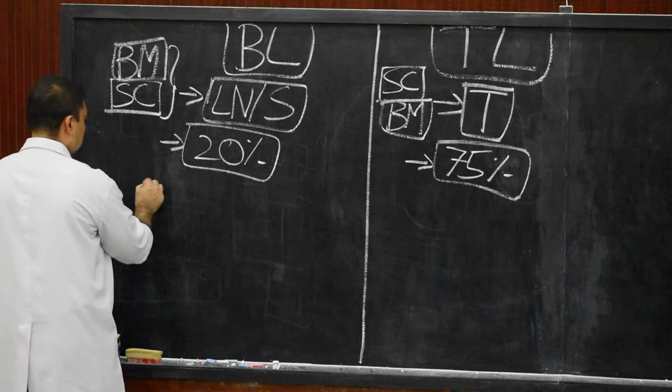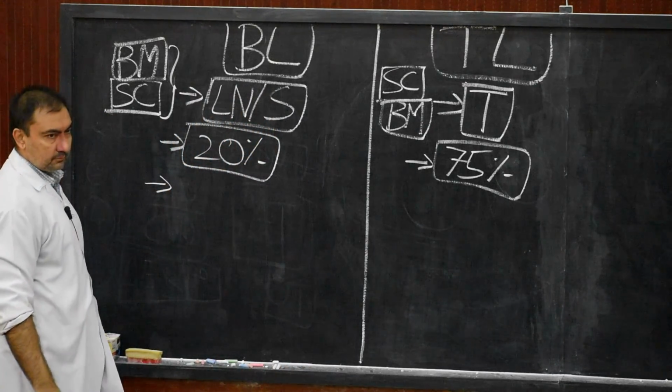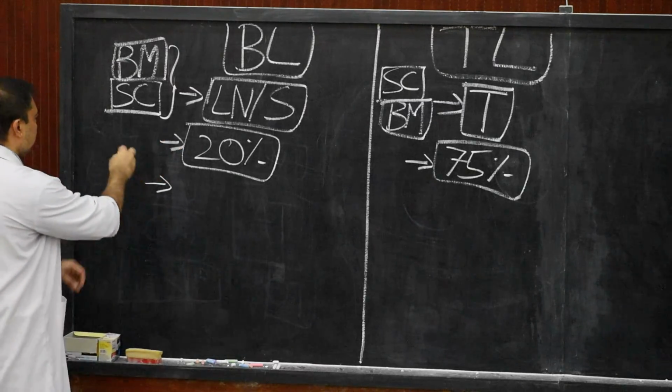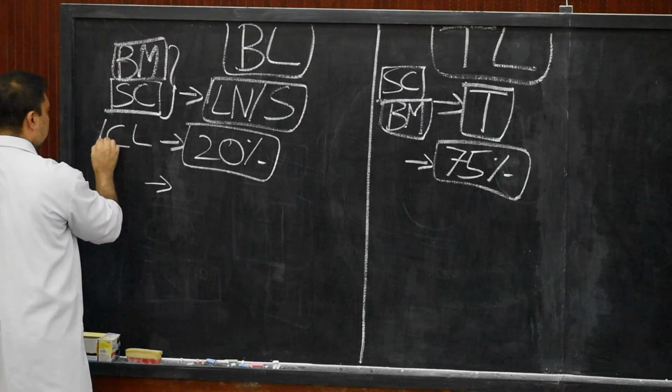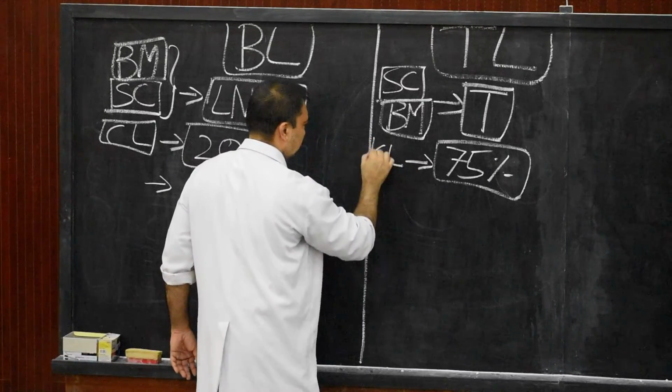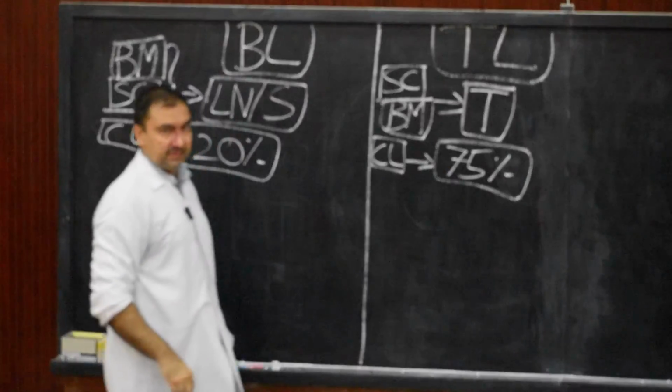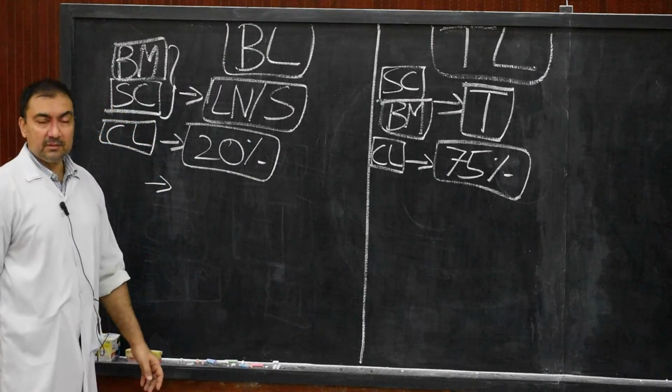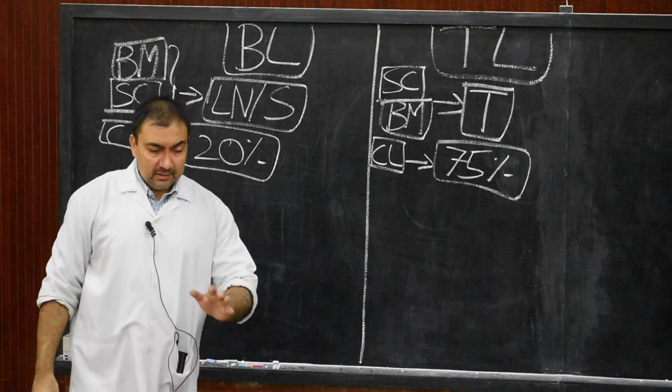So here I will just mention circulating lymphocytes in the blood, total 20%, here also circulating lymphocytes in the blood, 75%. Now next point, where are they located?